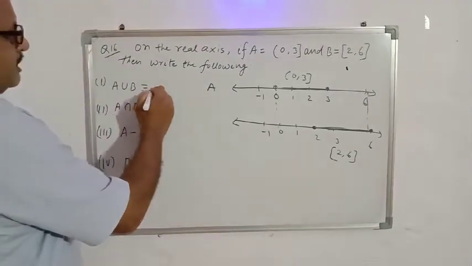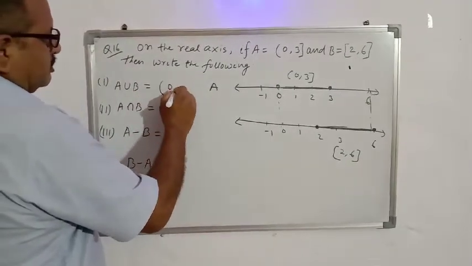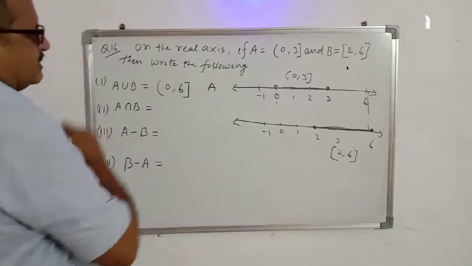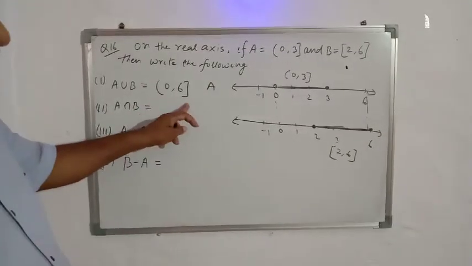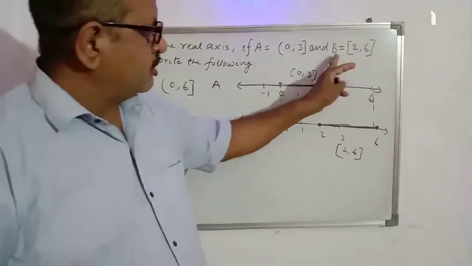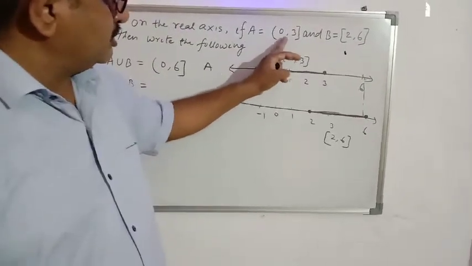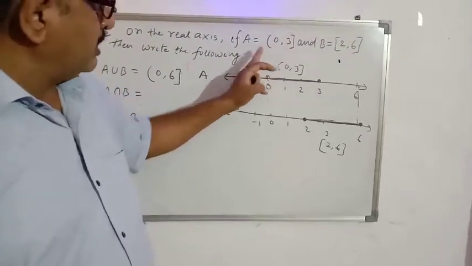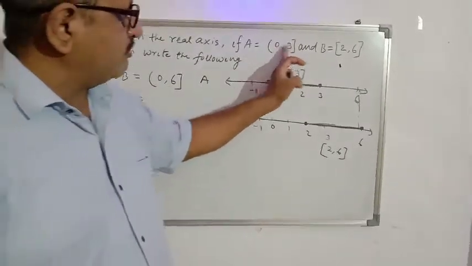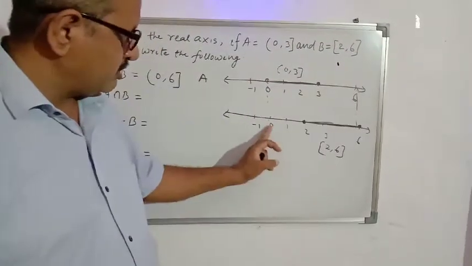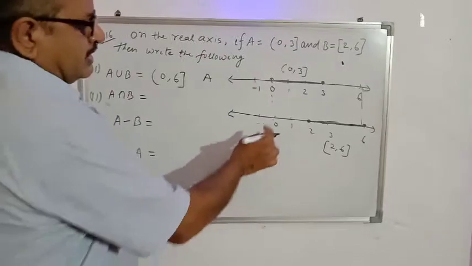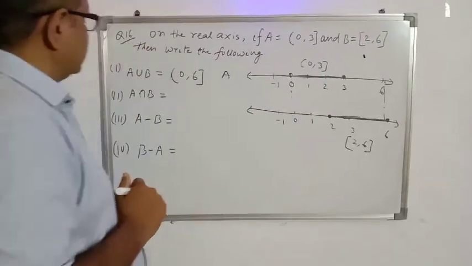So A union B will be the open-closed interval (0, 6], because B is from 2 to 6 and A is from 0 to 3, but 0 is not included. So in A union B we take from 0 to 6, but here 0 is not included.